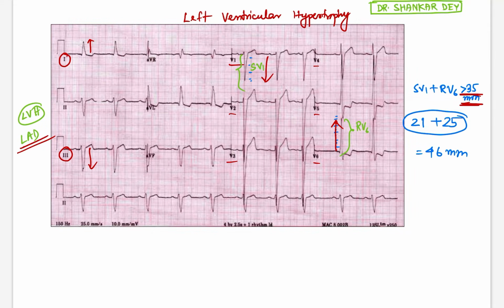I have thoroughly discussed this in my ECG normal axis and axis deviation video. Those who have not watched the axis determination video, please go through it to know how to determine the axis in the ECG. So this is left axis deviation along with left ventricular hypertrophy, and sometimes you can also find P mitrale in case of left ventricular hypertrophy. So this is the association you can find in ECG along with left ventricular hypertrophy.